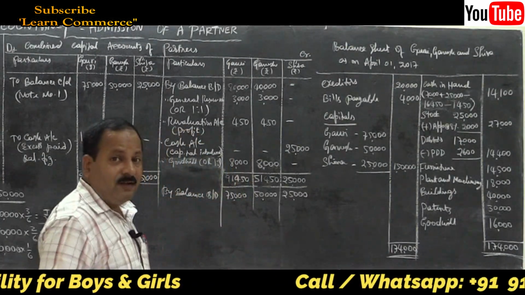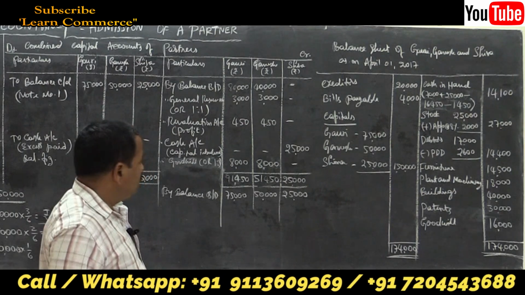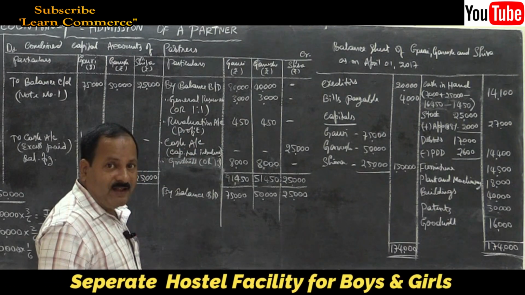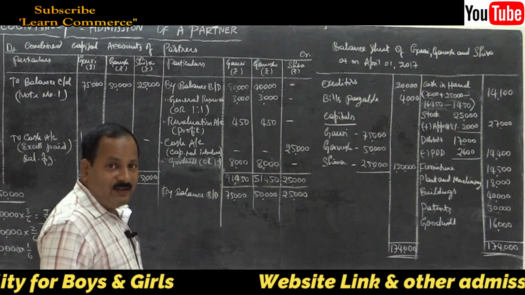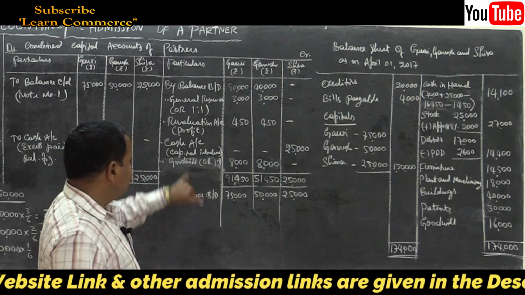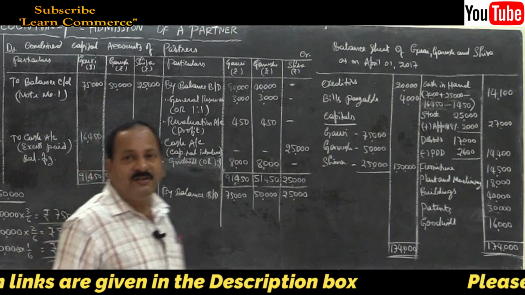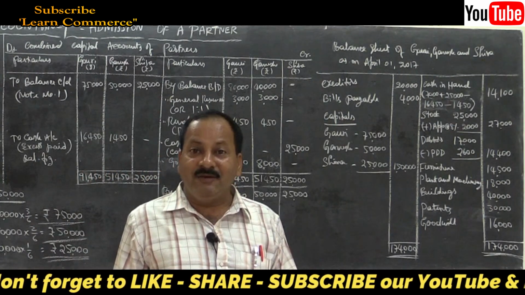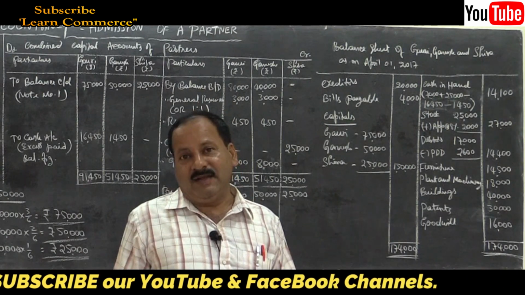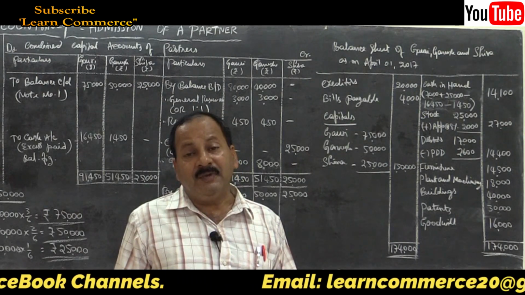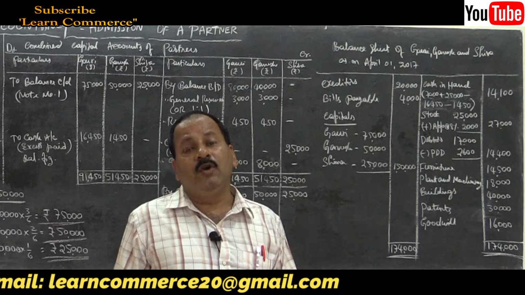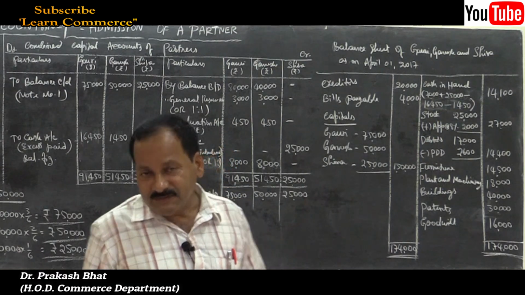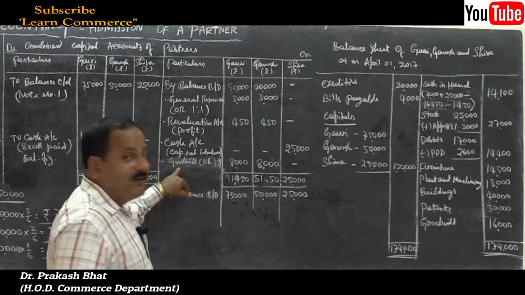Did you notice a mistake in the capital account? Yes, we made a mistake. Goodwill we didn't credit. I told you this is the third method. We have to create goodwill by debiting goodwill account and crediting old partners' capital accounts in their old profit sharing ratio. So we didn't credit it.